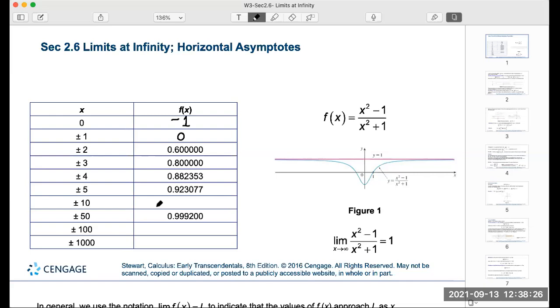Use your calculator and compute the value when x is equal to 10, and round it to 6 decimal places, please. .9801198.